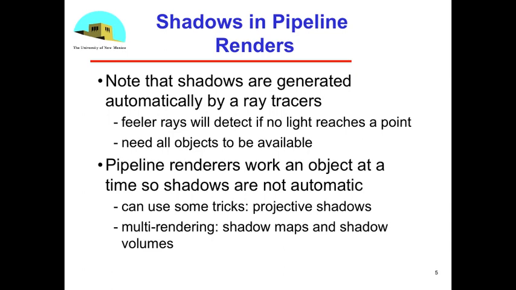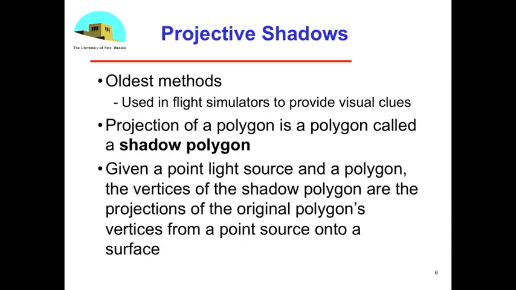But let's look at the oldest technique, which is called Projective Shadows, due to Jim Blinn, who created many of the techniques we have during his career. He was at the Jet Propulsion Lab, and many of the early visualizations you saw of the early space probes and images of the planets were really done by him.